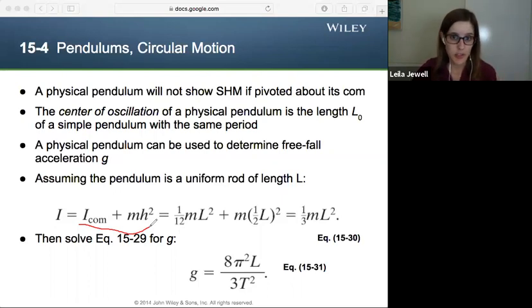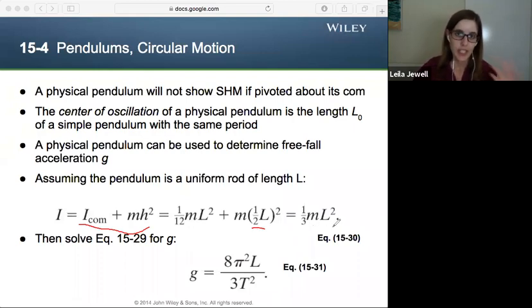That's the only time we use the parallel axis theorem. And so we can shift it to the end of the rod, which is half of a length away. So for h, we plugged in 1/2 of L. That gets squared, so it becomes 1/4 L squared. And if we add that to 1/12 mL squared, we get 1/3 mL squared.